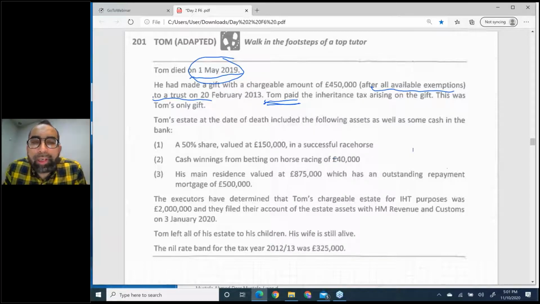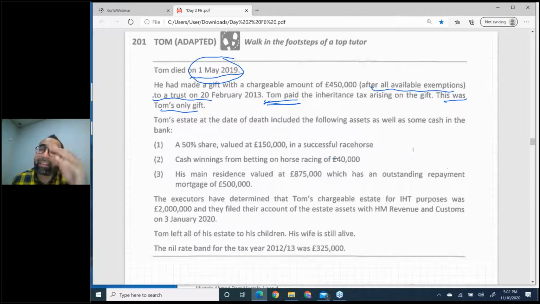I'm not going to read the complete question. I'm going to solve the first part. You can see on the screen he had made only one gift, and this was Tom's only gift. That means in his whole life he did only this one thing.